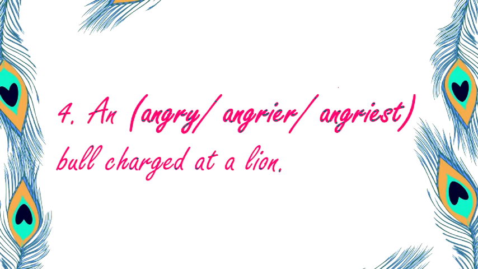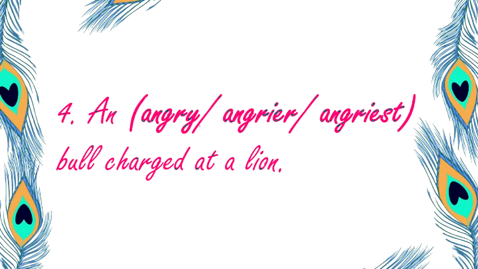Let us move next. An angry, angrier, angriest bull charged at a lion. Now the article is an. Is there any comparison with anything? No, it is just a statement. Is there any the here?